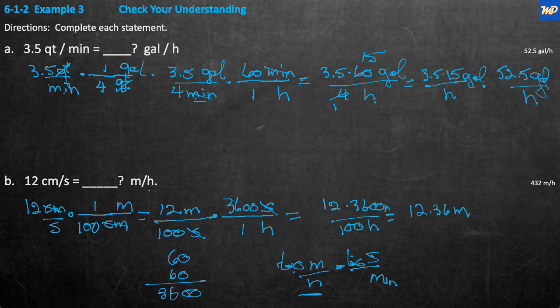I could have put the meters in here too, by the way. Meters divided by 1 hour. Meters per hour is what they're looking for. And it's 12 times 36 meters per hour. And 36 times 12 ends up having to be 432 meters per hour. And there's the solution to that. Good luck.